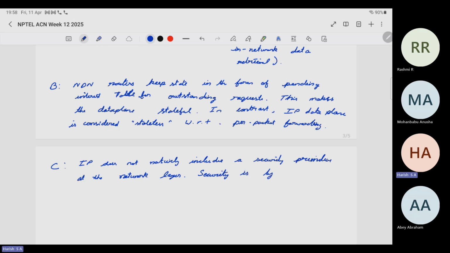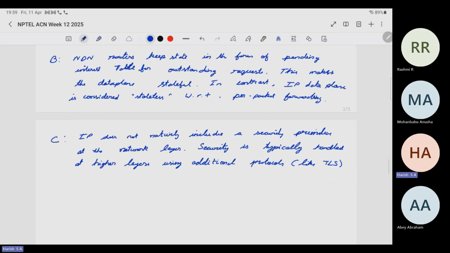Security is typically handled at higher layers, right? Using additional protocols like TLS, right?